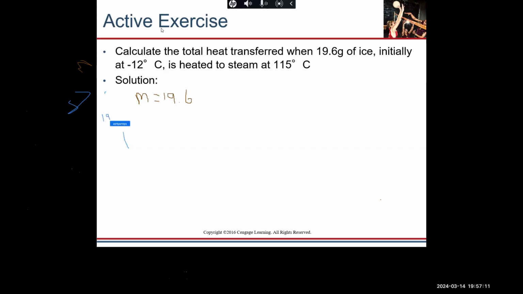Did you say 2.09 for the joules? No, it was 2.06. I got it from the graph he showed us earlier. Okay, you're wrong then. Hold on.